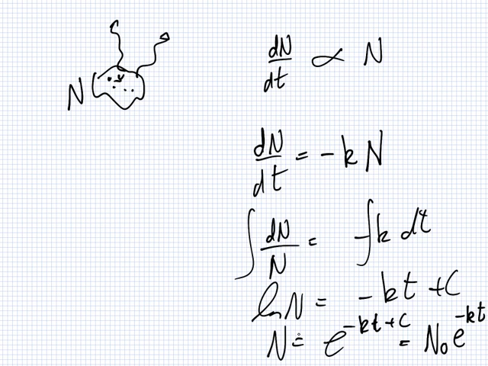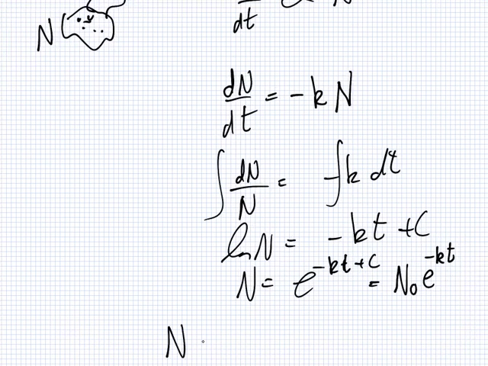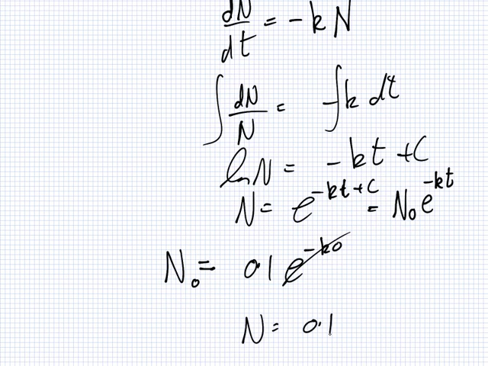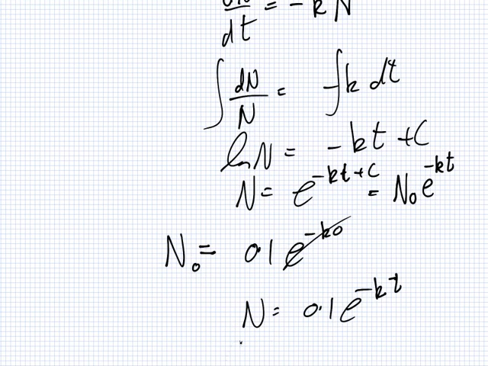And finally, I tell you what n0 is. So I tell you that n will be 0.1 e to the minus k0, so n0 is 0.1. And also I can give you that when n is 0.05, t is 5,600.